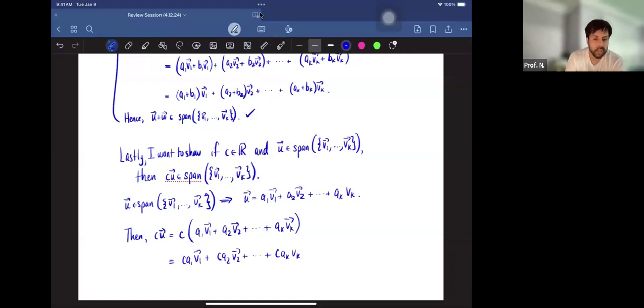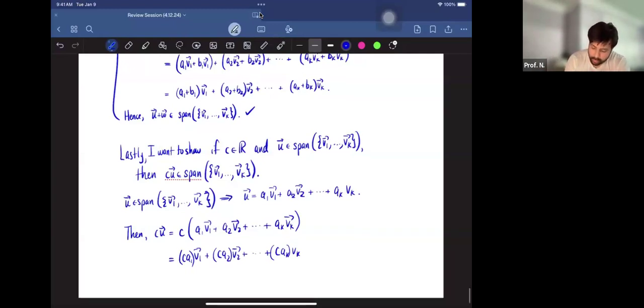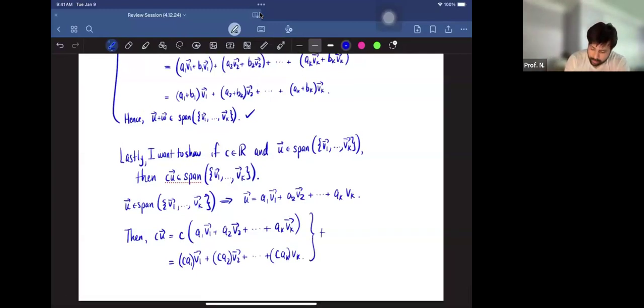But multiplication is associative, so I can associate this and this together. But what have I just accomplished? CU is a linear combination of V1 through VK. Hence, CU is in the span.